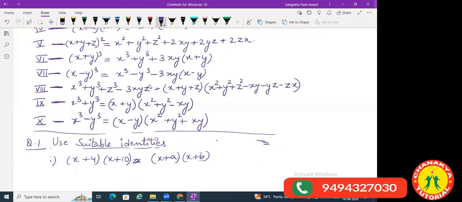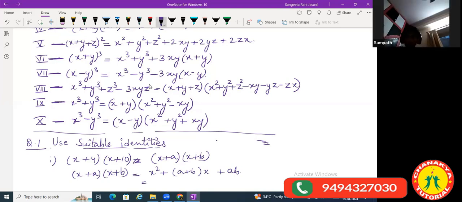Now what is this identity here? Write the complete identity in your notebooks. x square plus a plus b x plus a into b. Is it like this? Yes? Do the expansion of this.